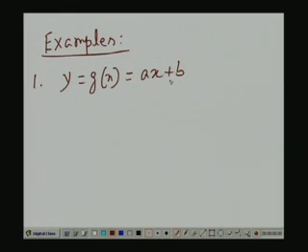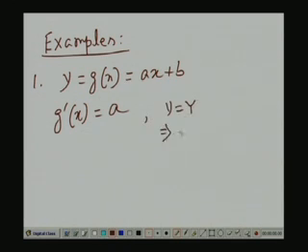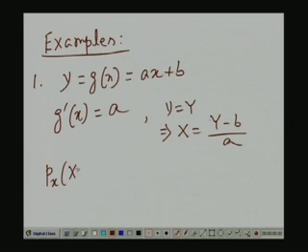G prime x is a, and given y, if y equal to capital Y, it gives rise to a solution x equal to y minus b by a. This is the only solution. So, you can straight away apply the formula.